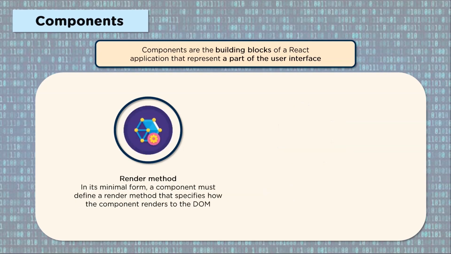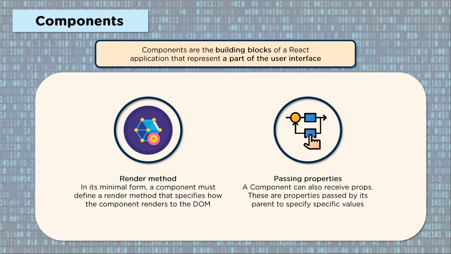The render method is one of the most important, and it is in its minimal form. Basically, a component must define this method, which specifies how this component would render onto the DOM tree and ultimately the browser.